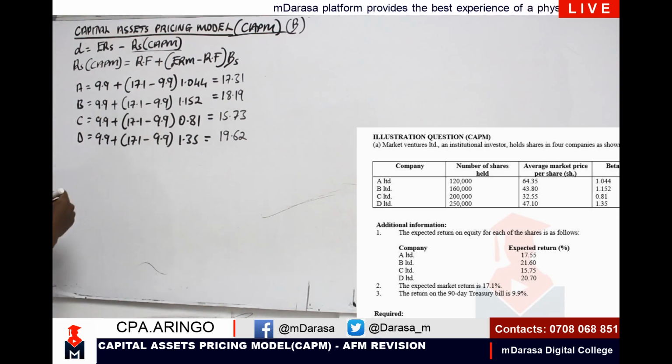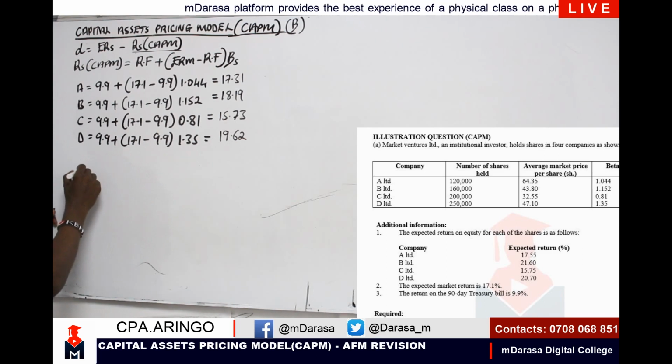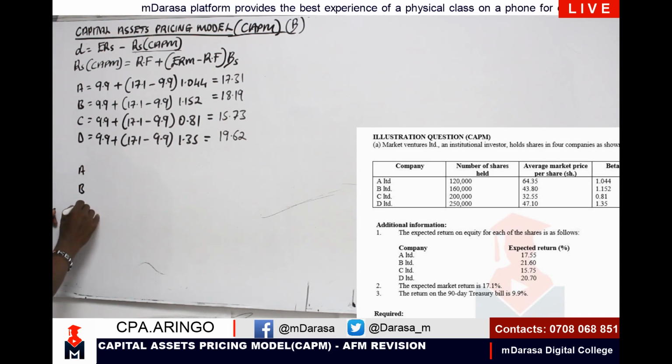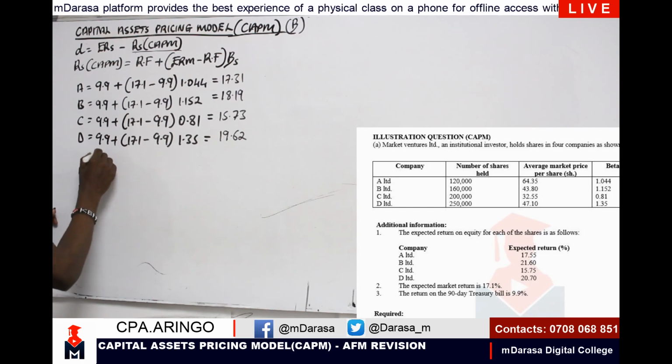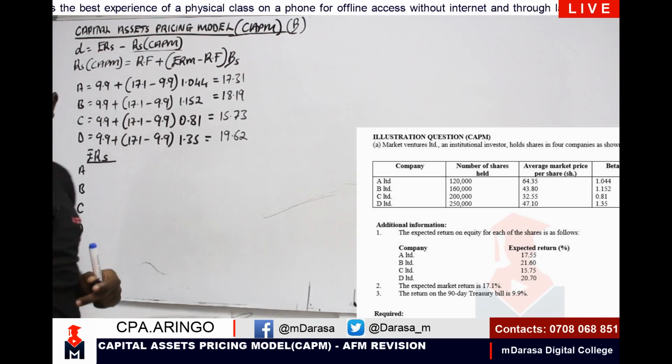So for our alpha values, I'm having A, B, C, and D.